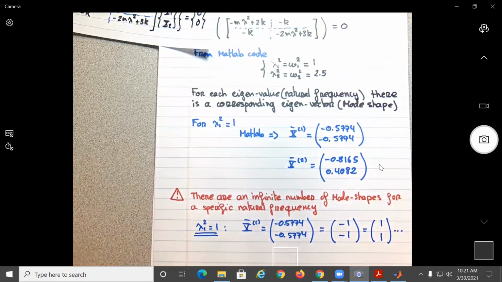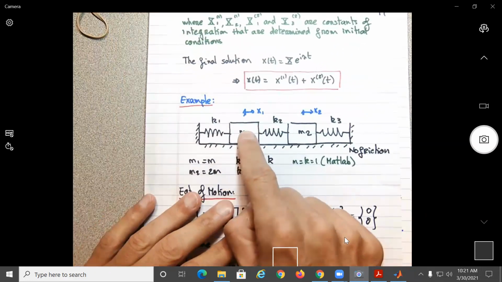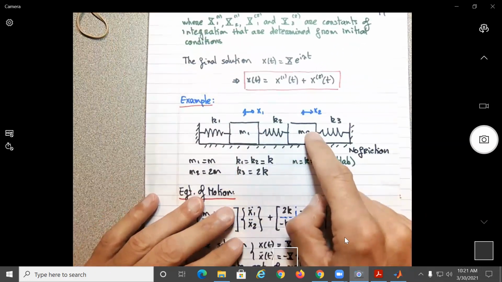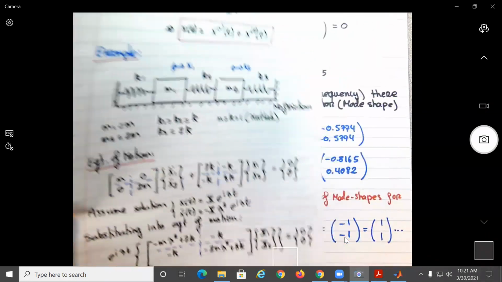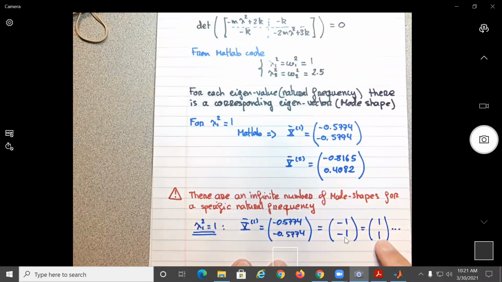Okay? So now what is the physical meaning of these eigenvectors? If you look from the class notes, this will be x1, this will be x2, no? This is the motion of x1, this is the motion of x2. So basically what the eigenvector is saying is that if this is moving 1, the other one is also going to move a distance 1.